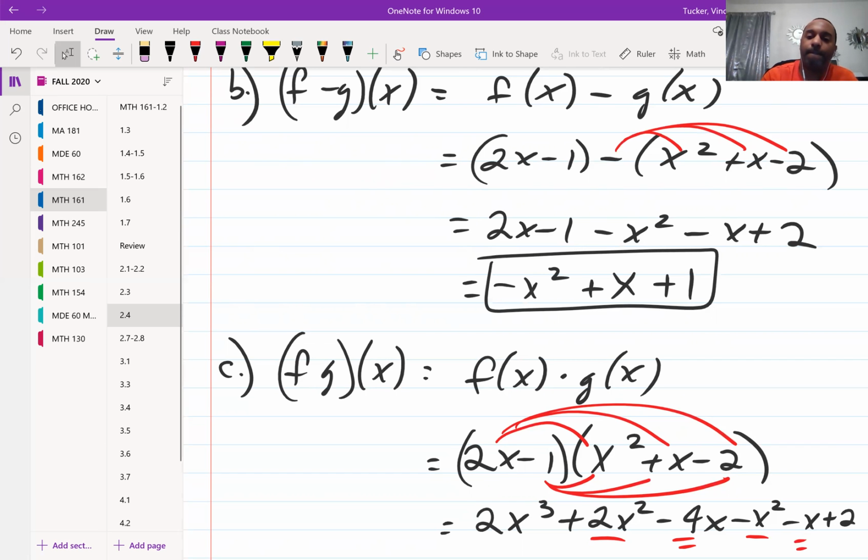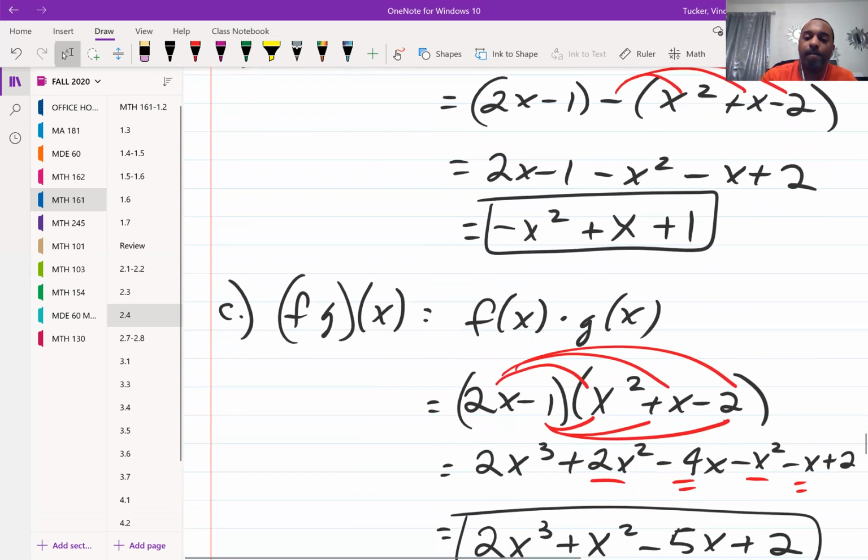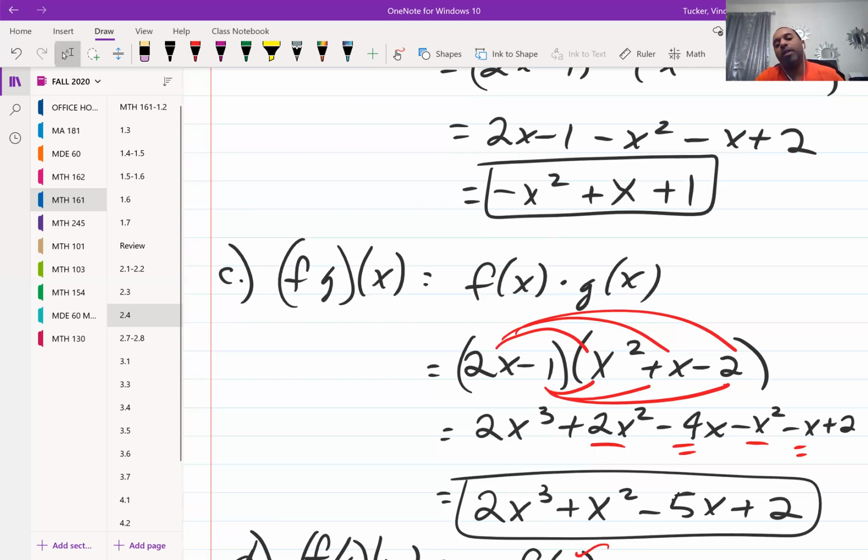All right, combine your like terms. 2x cubed can't combine with anything, but we have 2x squared minus x squared, which is 1x squared. Then we have negative 4x and a negative 1x, which would be negative 5x, and we have a 2 in the back.